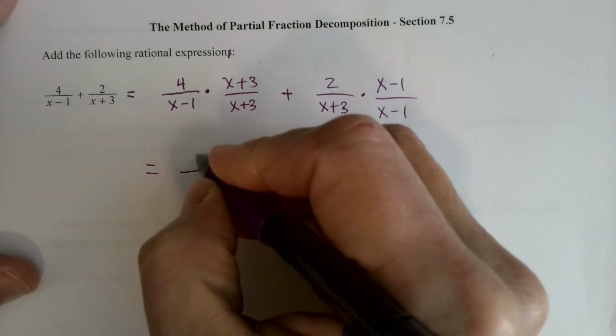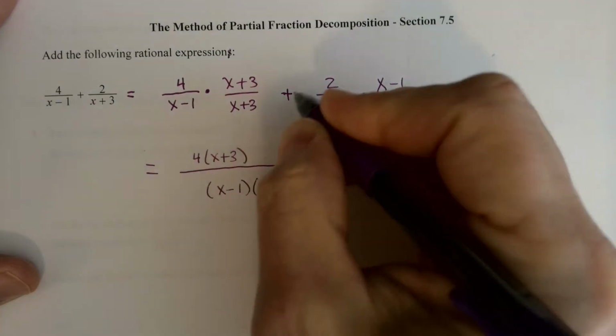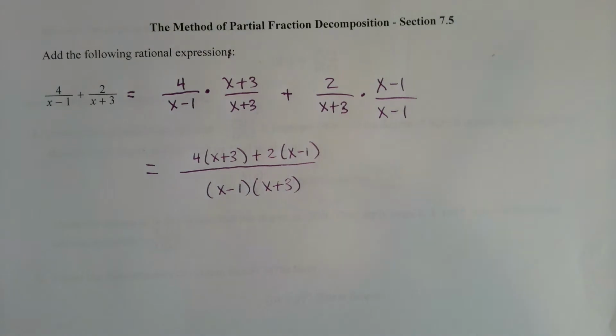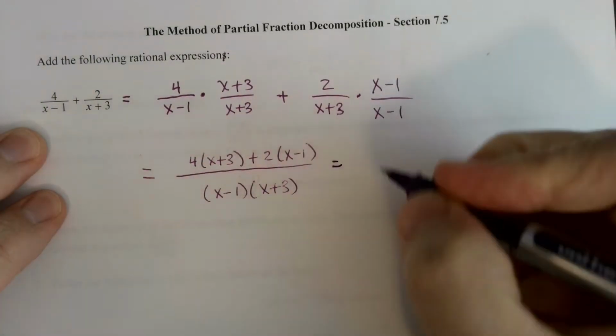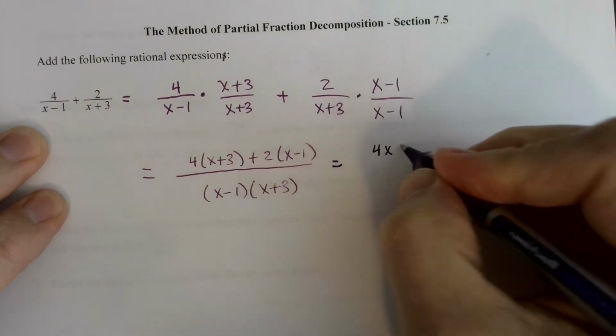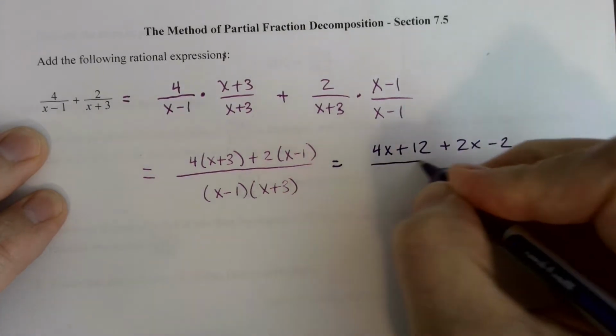The numerator, though, I can add. This will be 4 times the quantity x plus 3 plus 2 times the quantity x minus 1. I think my pen is running out of ink, so I'm going to change. Now I can do some simplification. I distribute the 4 and the 2, and I get 4x plus 12 plus 2x minus 2.